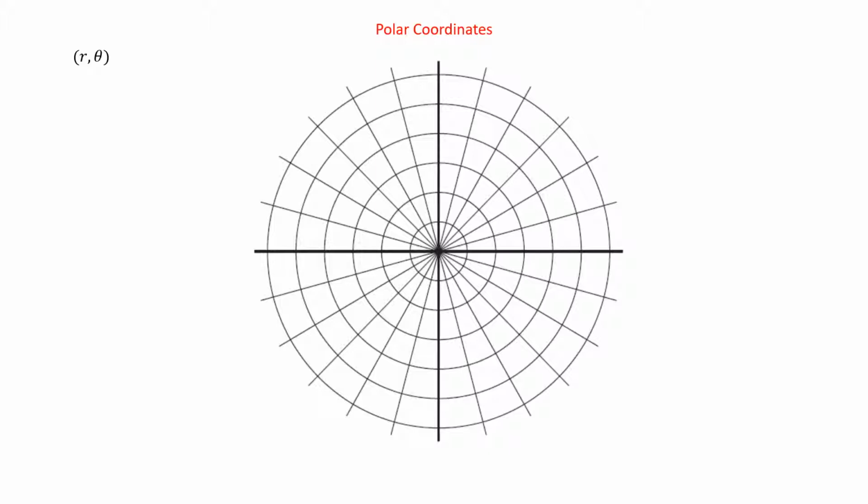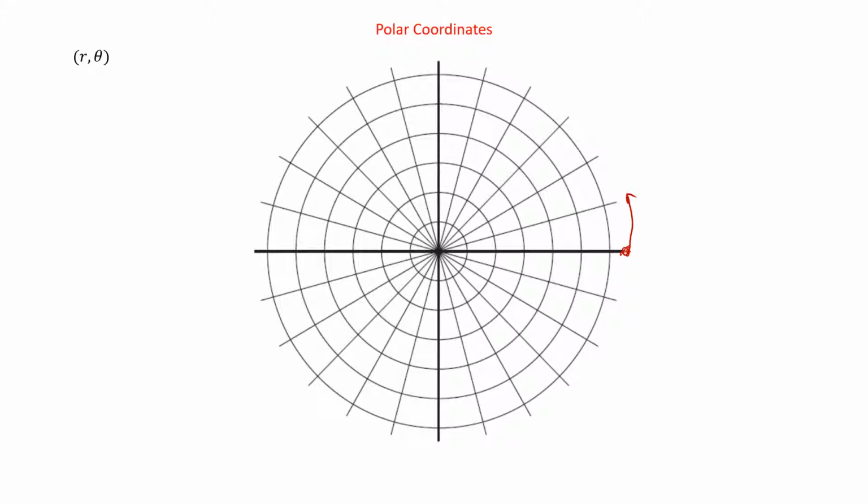Instead of x comma y, each point is going to be a distance away from the origin, and then an angle measured just like we measure angles, starting at our positive x-axis and then going counterclockwise. And so that's how we signify points.